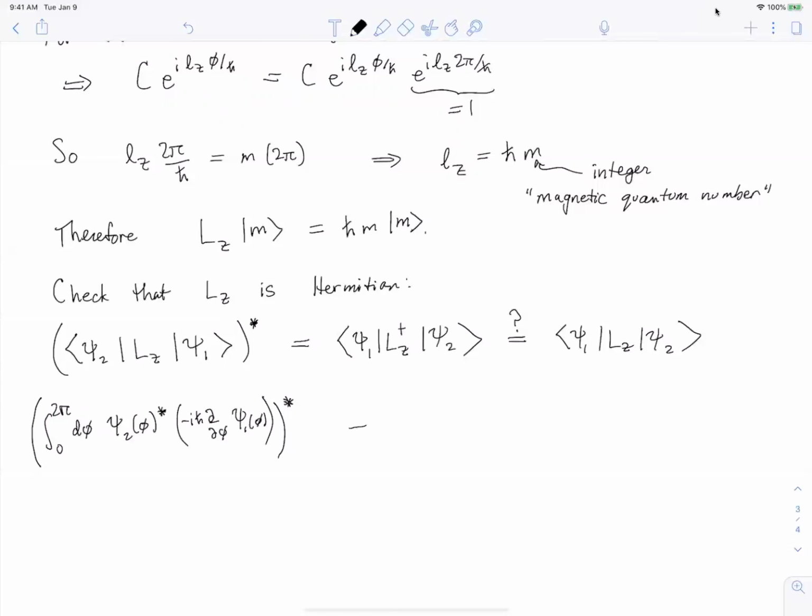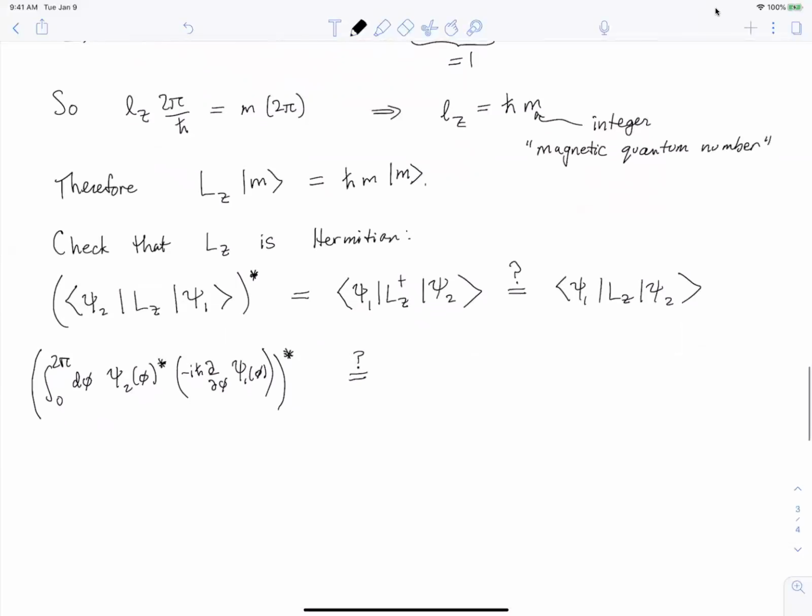Okay, and hopefully, from the far right-hand side, this is equal to the integral from 0 to 2 pi of psi1 of phi star. That's coming from here. And then L sub z acting on psi2 looks like this: minus i h bar partial phi psi2 of phi.